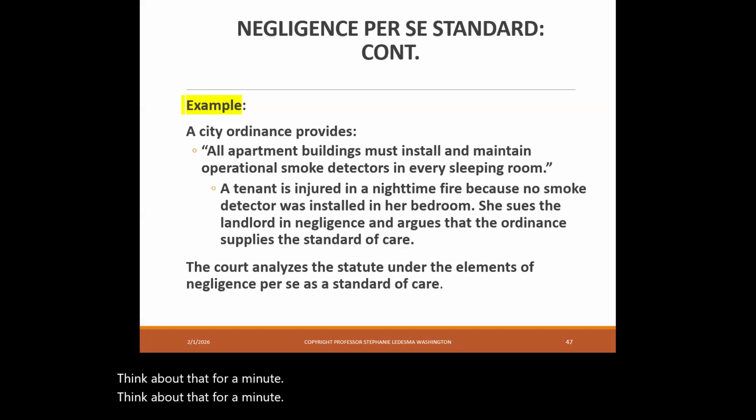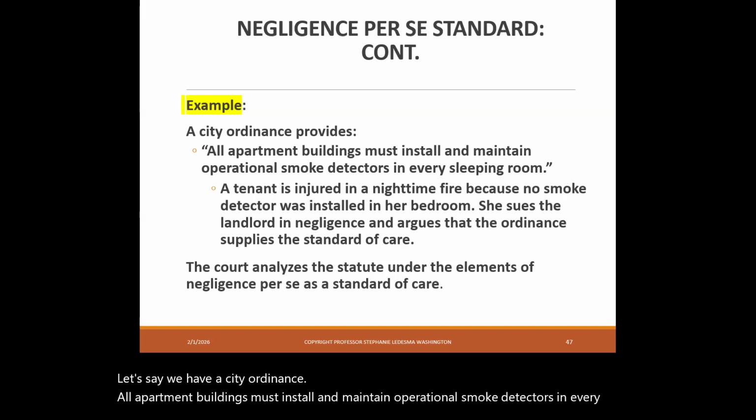There's some really clear examples, right? But here's one. Let's say we have a city ordinance. All apartment buildings must install and maintain operational smoke detectors in every sleeping room.